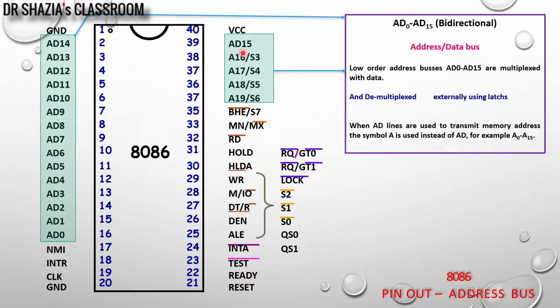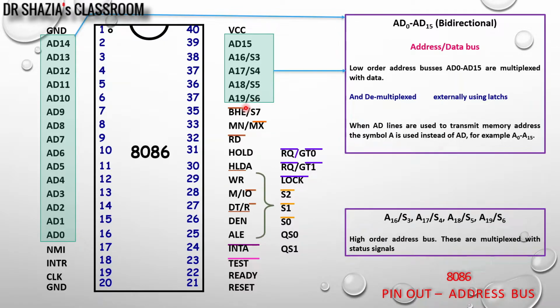So the lower address bus A0 to A15 is multiplexed with data bus D0 to D15, and the higher address bus A16 to A19 is multiplexed with some of the status signals S3 to S6. What is this multiplexing, and why do we go for it?